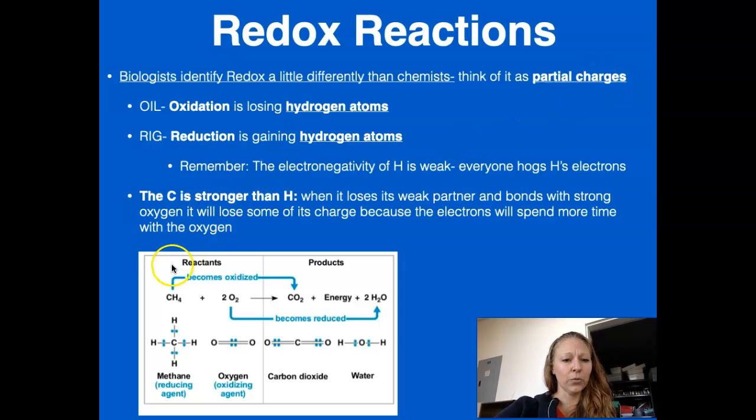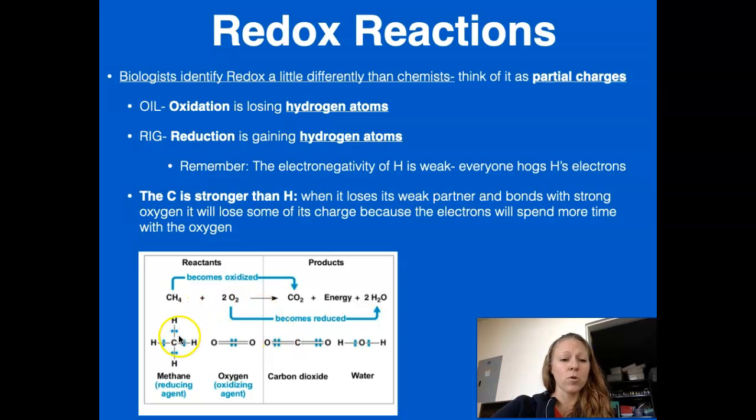And so here, if we look, the carbon is stronger than the hydrogen. So when it loses its weak partner and bonds with strong oxygen, the oxygen is going to be way stronger than the hydrogen, and so it's going to pull those electrons towards it.